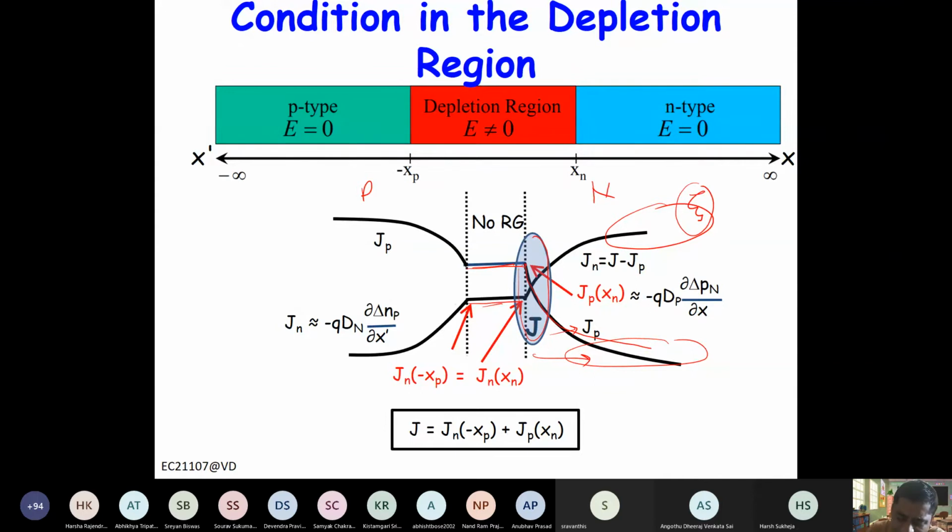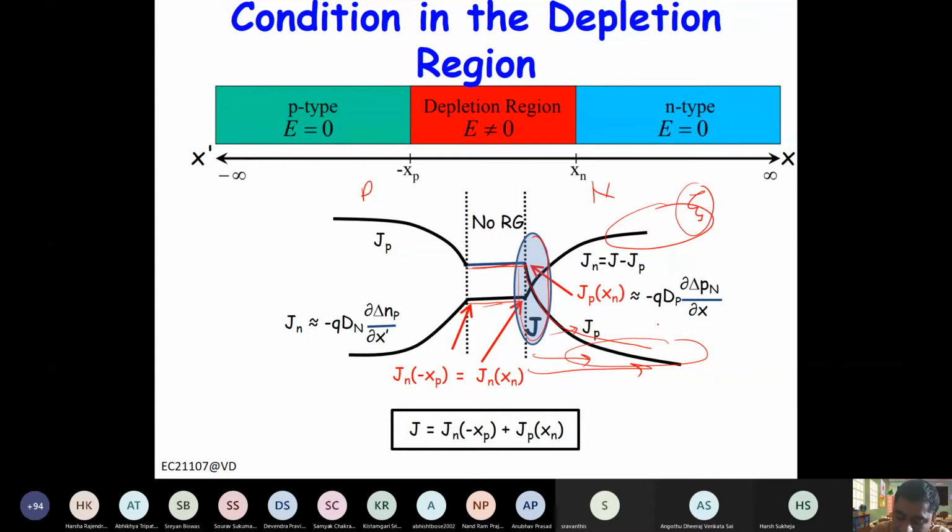So this assumption is kind of acceptable. So we can say that most of the applied voltage falls across the depletion region, and the total current has to be constant because there is no charge accumulation anywhere in this region. So that means if diffusion current decreases, then drift current has to increase.